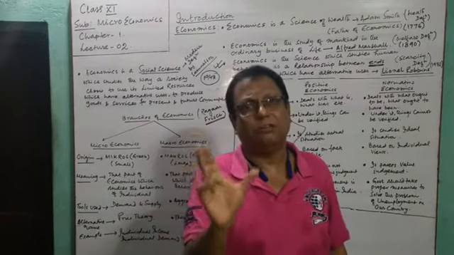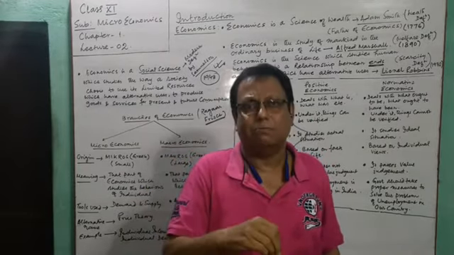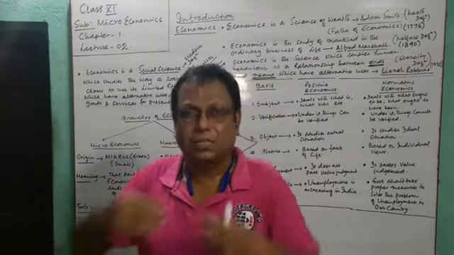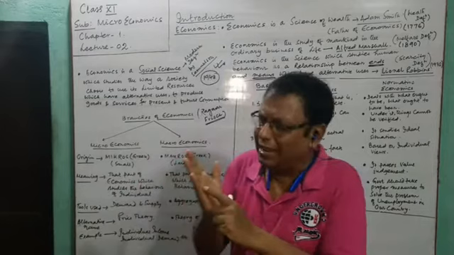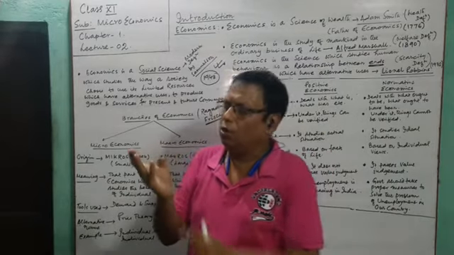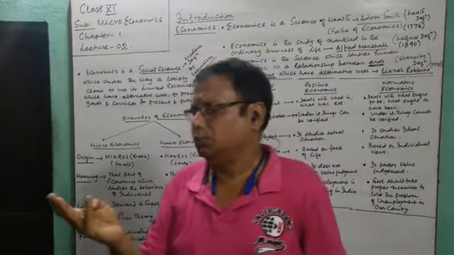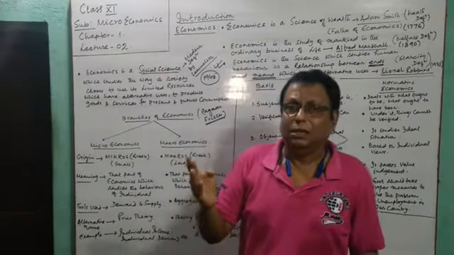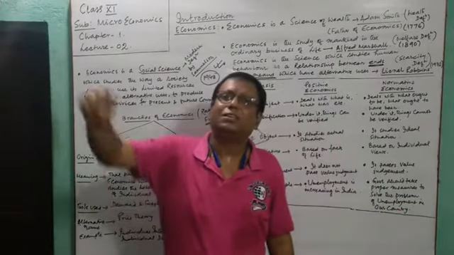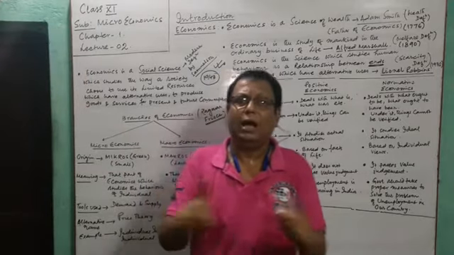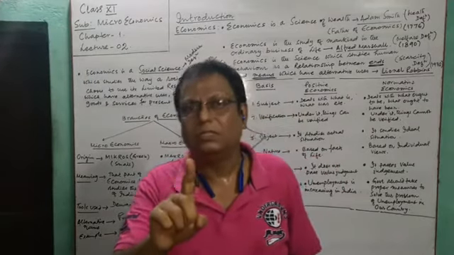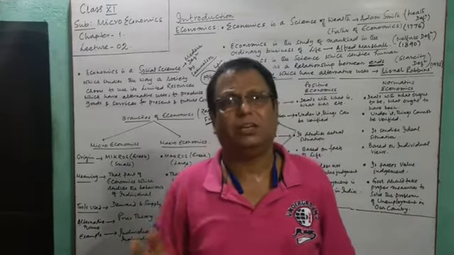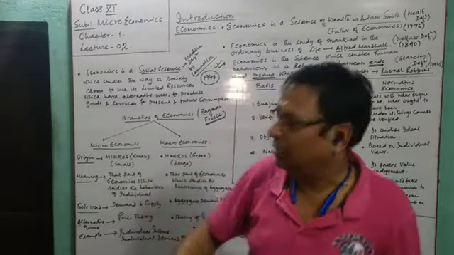This 25,000 rupees is my income, and this is microeconomics because it is concerned with my income, my spending, or Mr. A's expenditure, Mr. A's demand, seller B's supply. That means we are talking about a person. We are studying the behavior of a person in the economy, not totality.